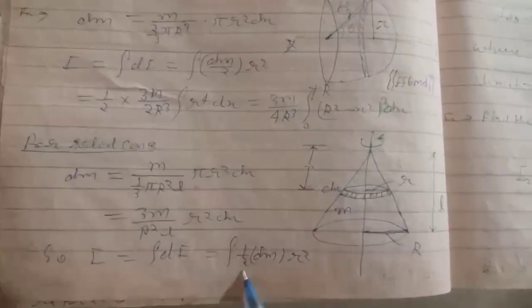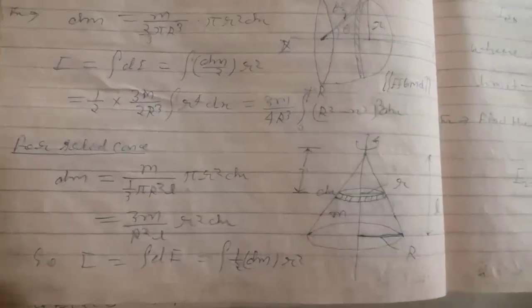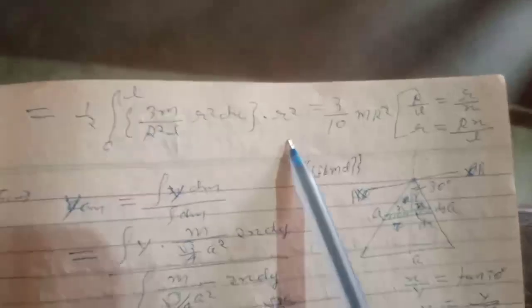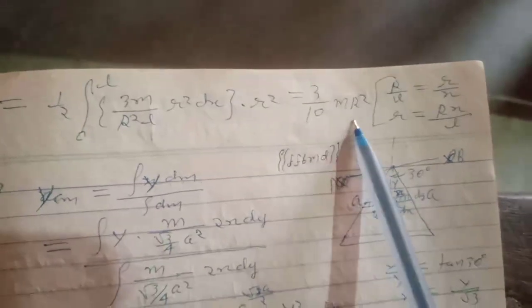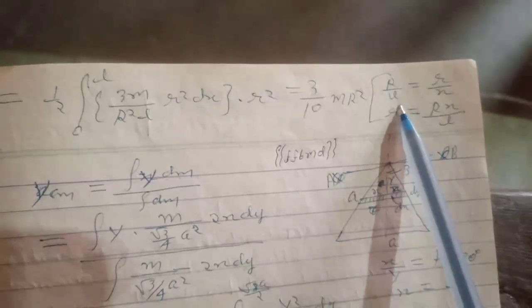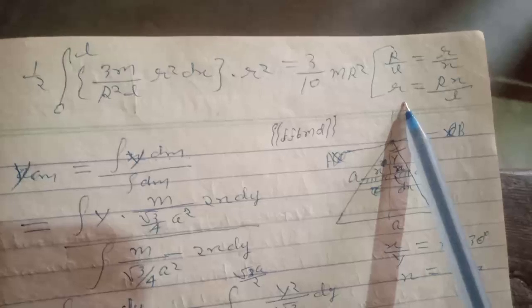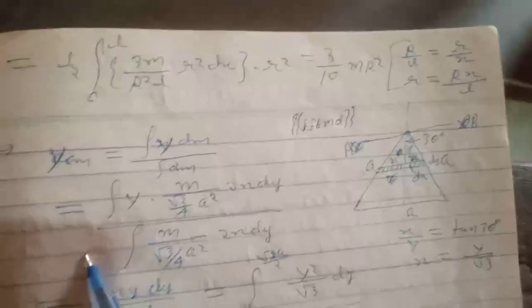So I equals integration di equals 1 by 2 dm into r square, 1 by 2 from 0 to L of 3m by r square L into r square dx into r square, 3 by 10 m r square, because r by L equals r by x. So r equals r x by L.